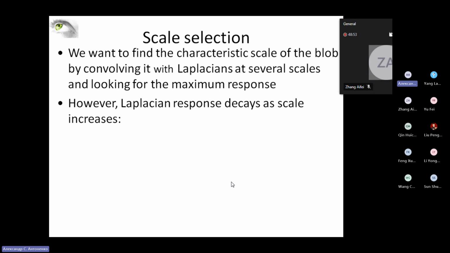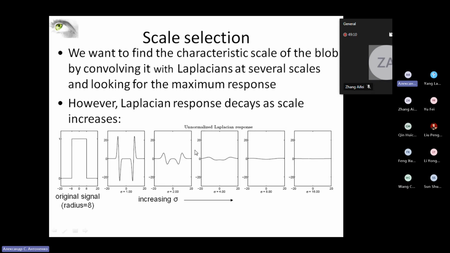So we want to find the scale of the blob by convolving some signal using this Laplacian at several scales and looking for the maximum response. So we change our sigma, we increase sigma. So we have the signal.